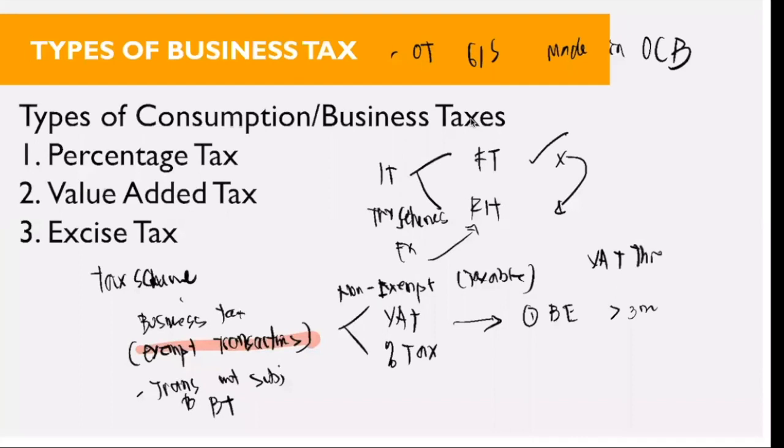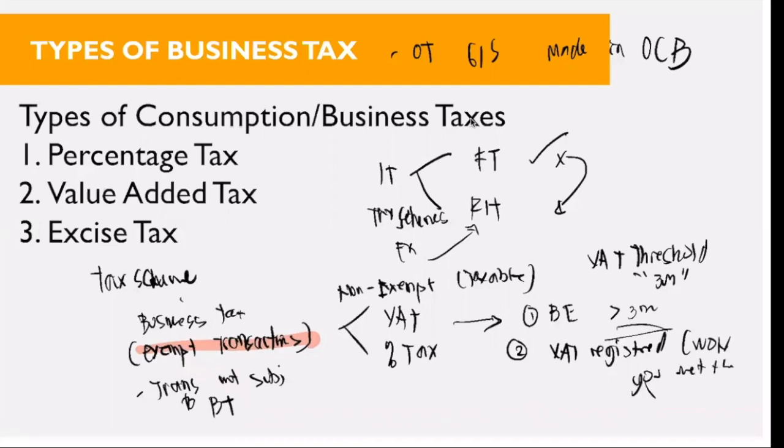Okay, so what is the VAT threshold, sir? The VAT threshold is 3 million pesos. If your annual income as a business entity is more than 3 million pesos, then you should be registered as VAT. Another is if you are VAT registered, whether or not you met the VAT threshold.